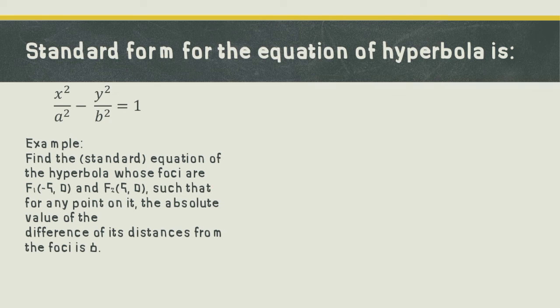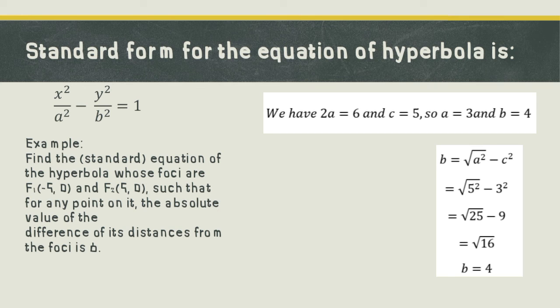For any point on the hyperbola, the absolute value of the difference of its distances from the foci is 2a. So, our 2a is 6, our c is 5.